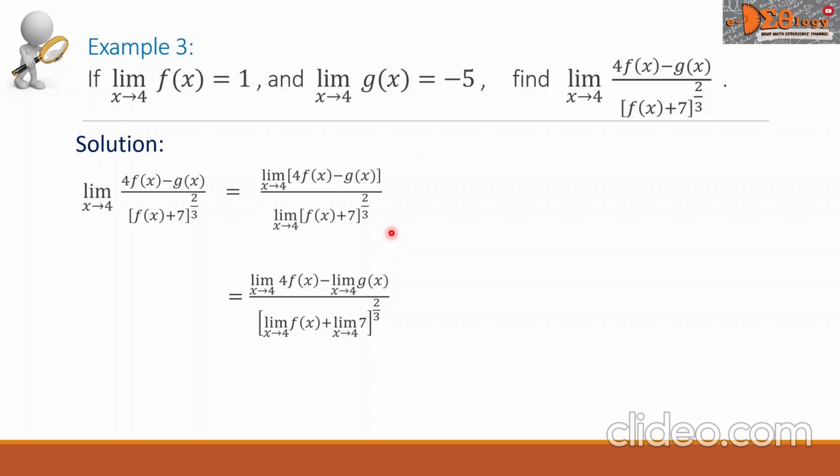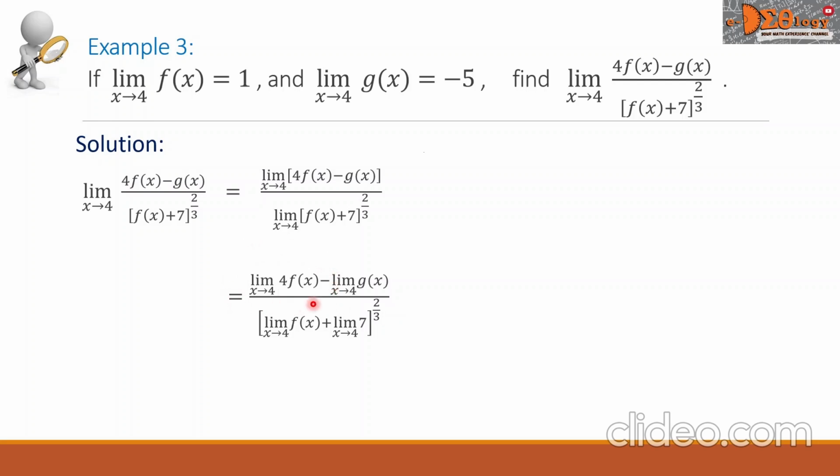In the denominator, this is the limit of a power. What we're going to do is take the limit of each of the terms inside that power. So we have the limit of f of x as x approaches 4 plus the limit of the constant 7 as x approaches 4, and all of this raised to the power 2 over 3.